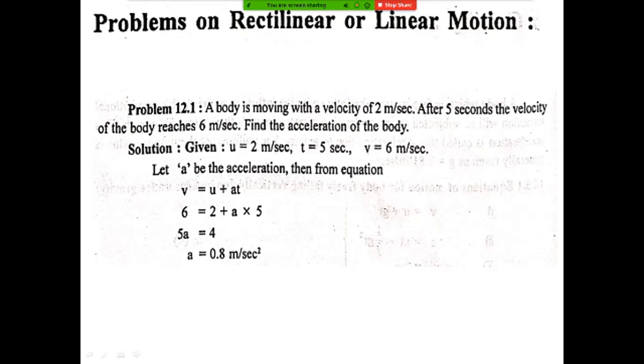Now I will substitute the values given in this problem. v is 6 meter per second, the final velocity. u is 2 meter per second, the initial velocity. Acceleration I retain as a, and t is 5 seconds.